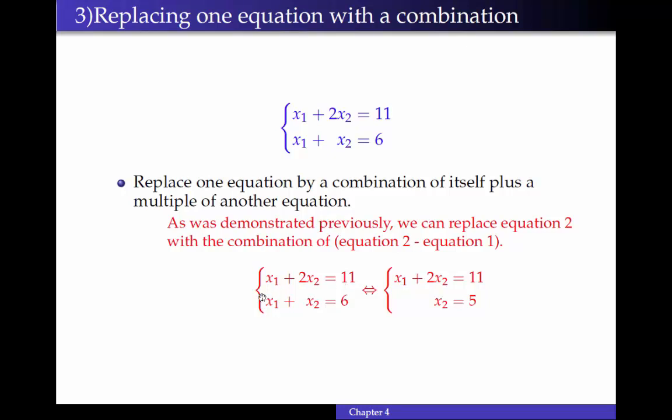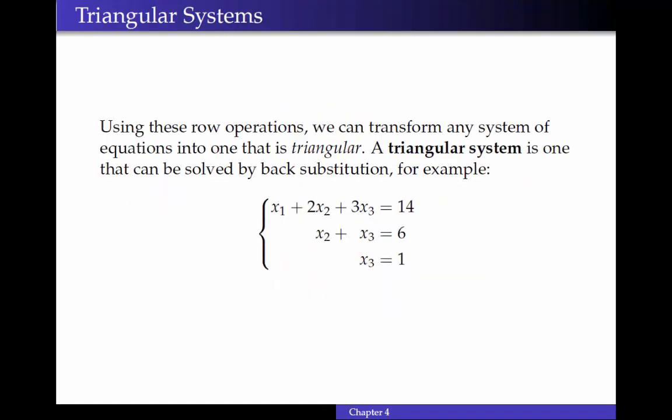And so this is why we call it Gaussian elimination, because we're going to go through and eliminate variables from equations until we get to a place where we have a very simple equation remaining. And so we're going to use those row operations to transform our systems into those that are triangular.